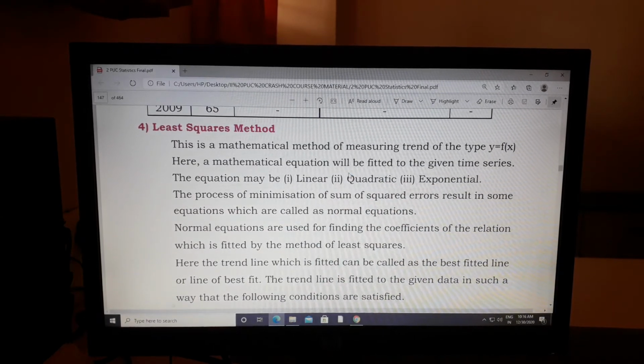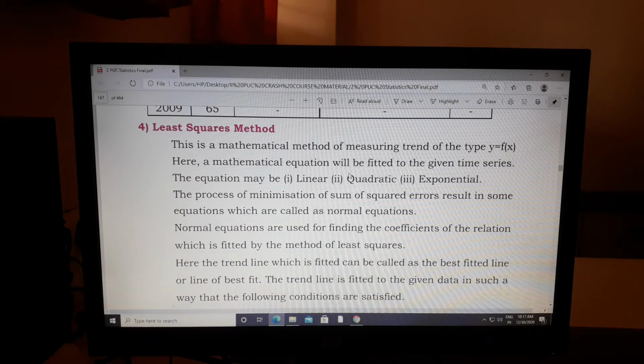I mean, one observation also should not be missed or left blank, isn't it? But this method is exactly apt for overcoming all these drawbacks found in the previous methods. Clear? So least squares method is the ultimate method of measuring the trend in the form of mathematical equations.